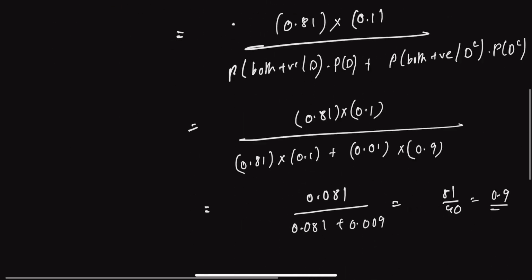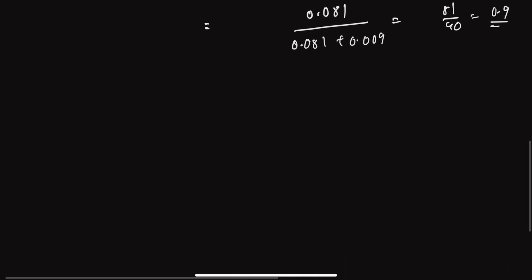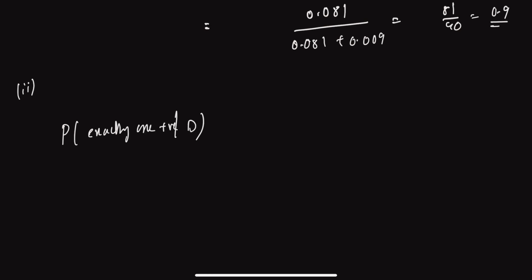Now we are asked to find the probability that the person suffers from the disease given that only one test is positive. So first, to find the probability of exactly one test positive, the probability of exactly one positive given the person has the disease is either the first test positive and the second negative, or the first test negative and the second positive.